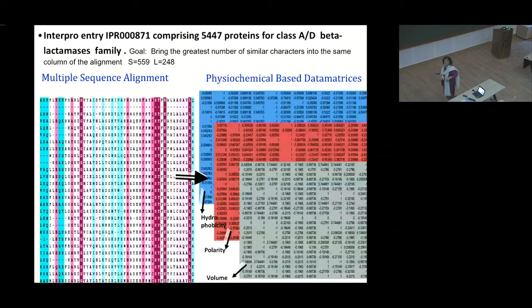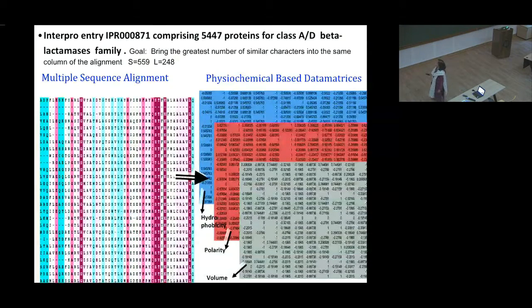So this is bacteria, and you're taking some different organisms, and the amino acids are different in some cases, and in some cases this chain is the same. So we do some sort of filtering, and we can reduce the number of protein sequences to 559, and the length of this protein, these amino acids, is 248.